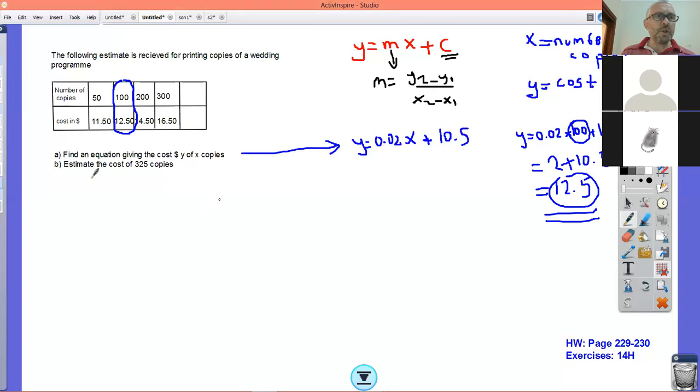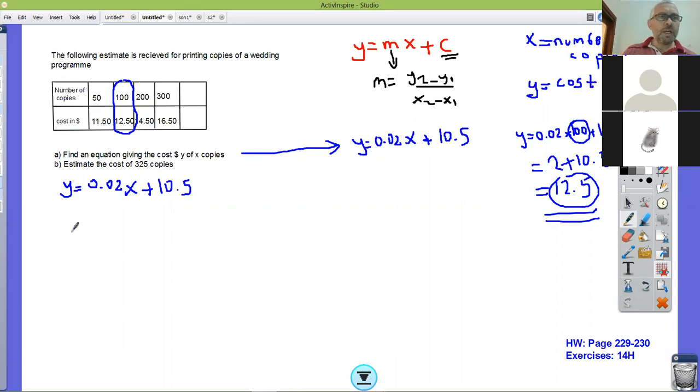Now estimate the cost of 325 copies. Let's do B here. We are going to use our formula because it's true. Y is equal to 0.02 x plus 10.5.